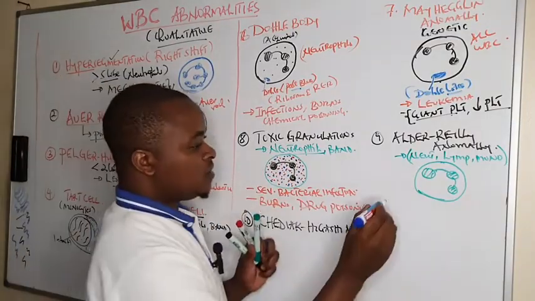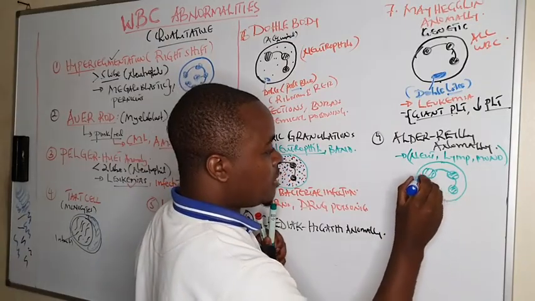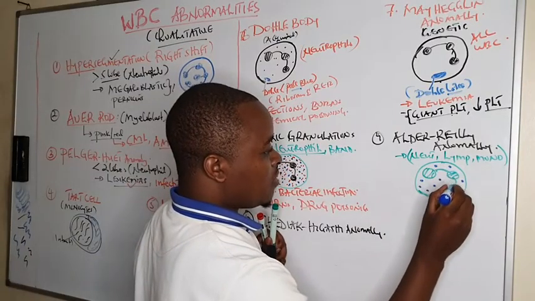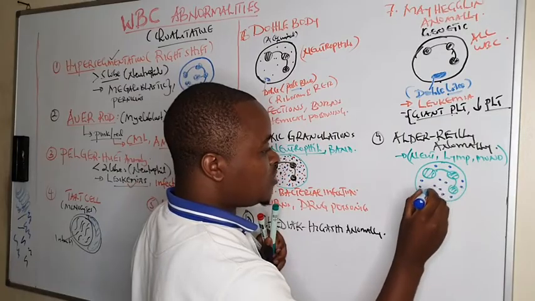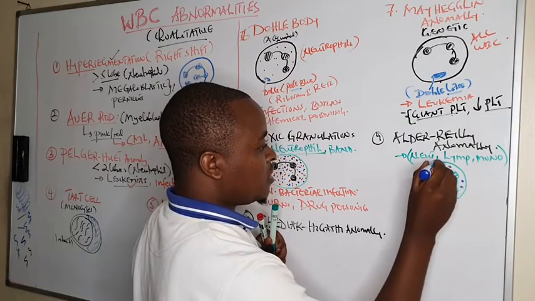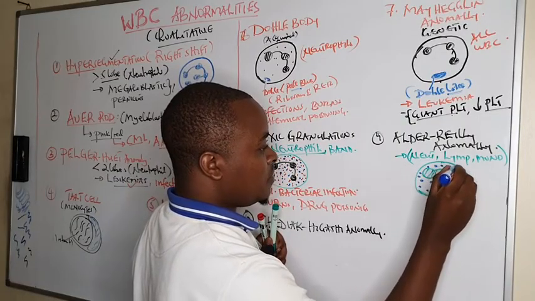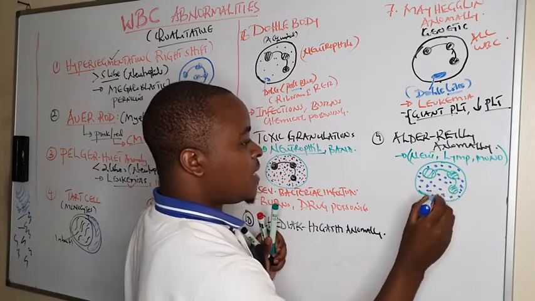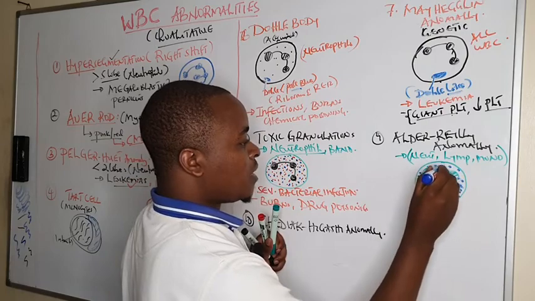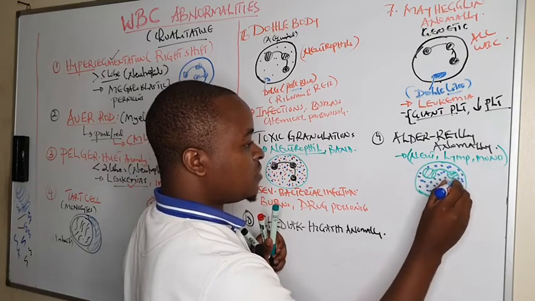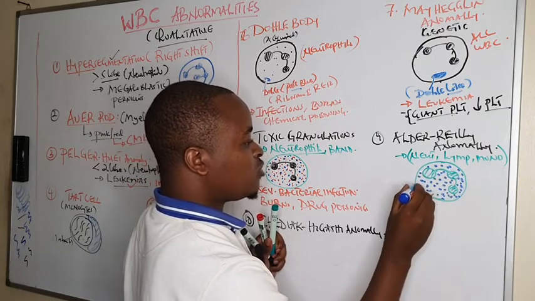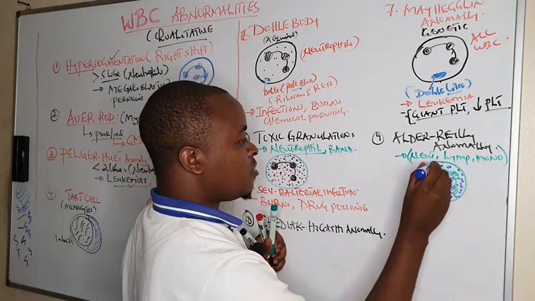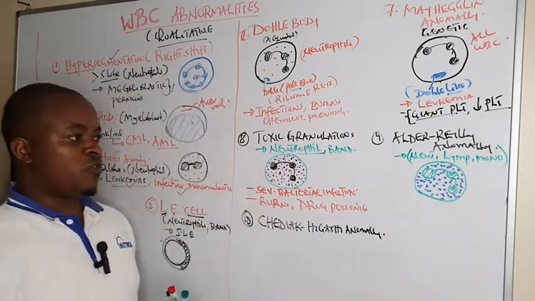So you can call them large granules in the cytoplasm. These are dark blue large granules within the cytoplasm of the neutrophil.